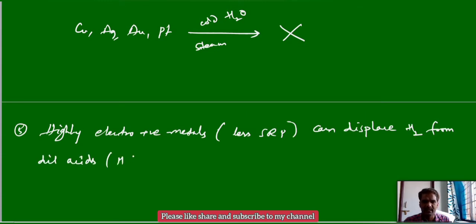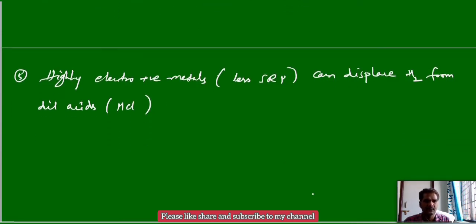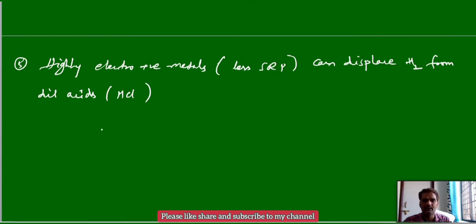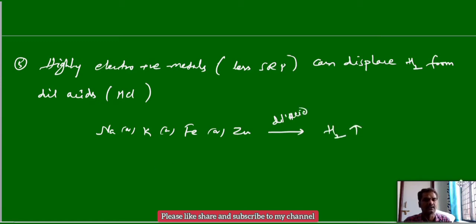Mostly we can take HCl or H2SO4, dilute acids. You can see again sodium or potassium, or iron and zinc with acids. Those which are above hydrogen in the electrochemical series can displace the hydrogen from dilute acids. You can take dilute acid, and they produce hydrogen gas.